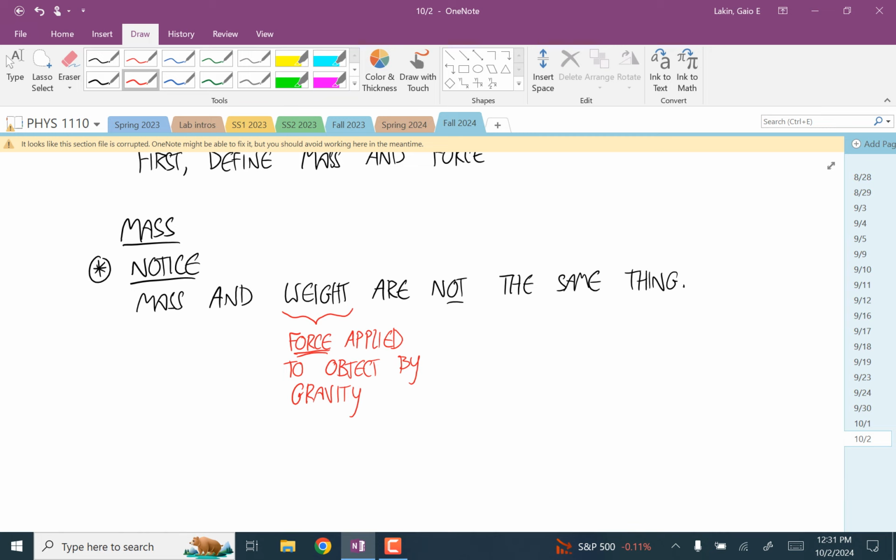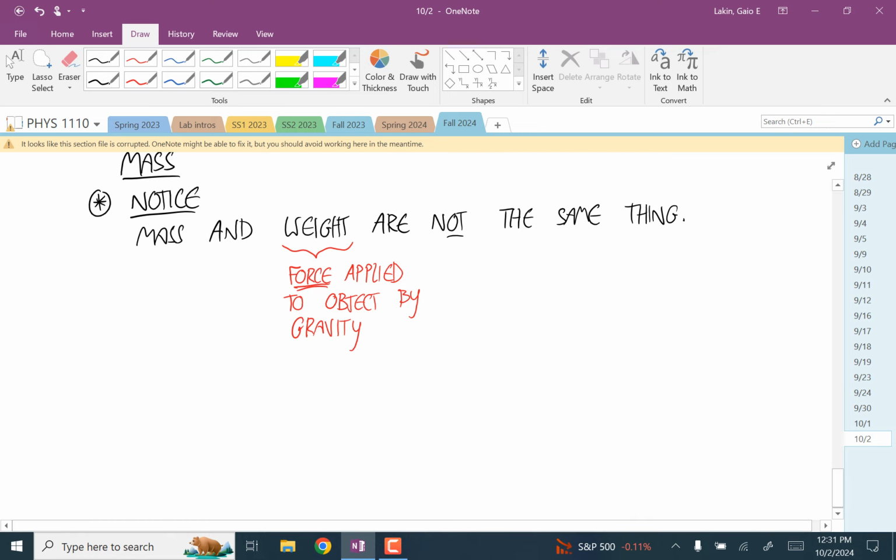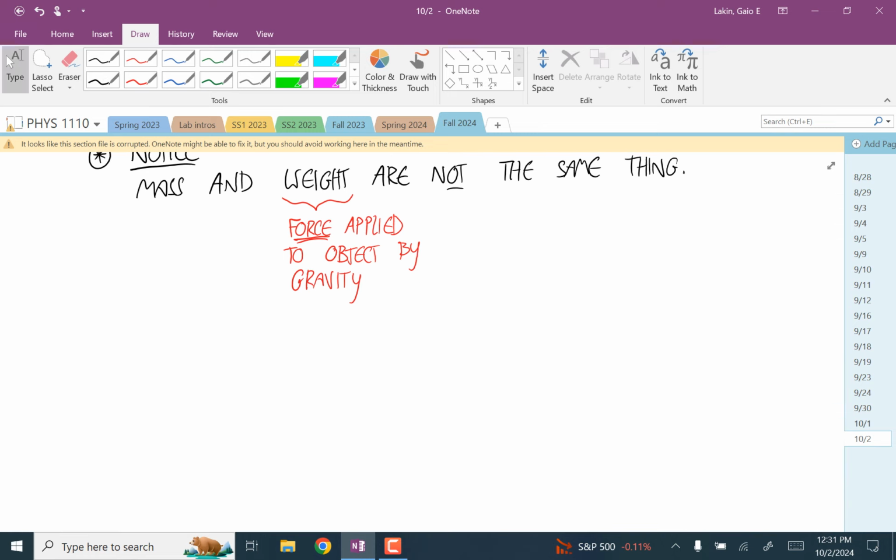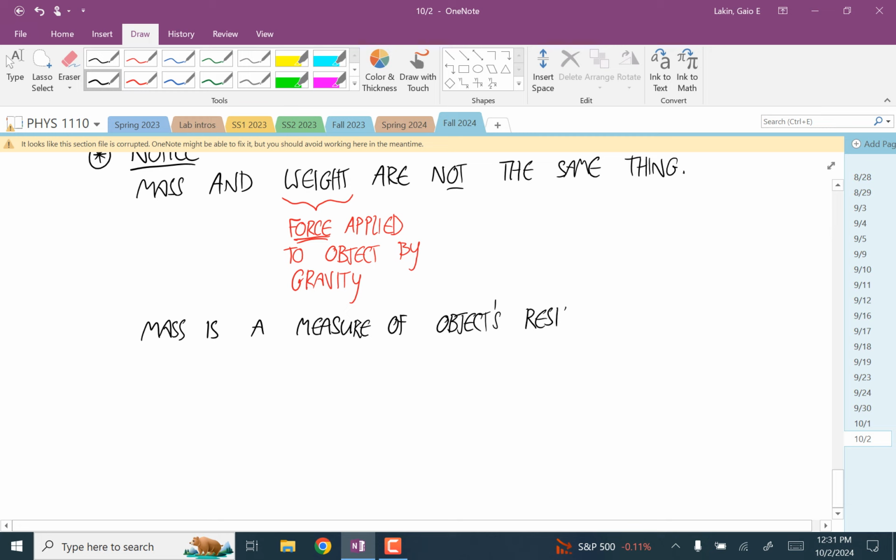That's all it is. And so how do you measure mass? Well, mass is a measure of an object's resistance to acceleration.